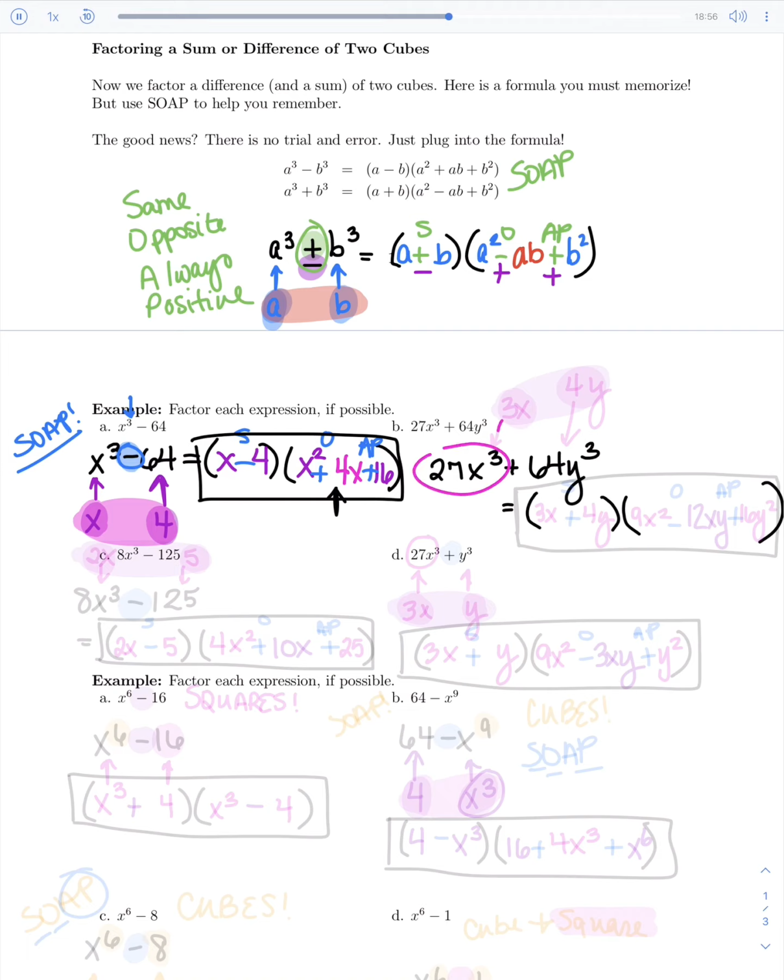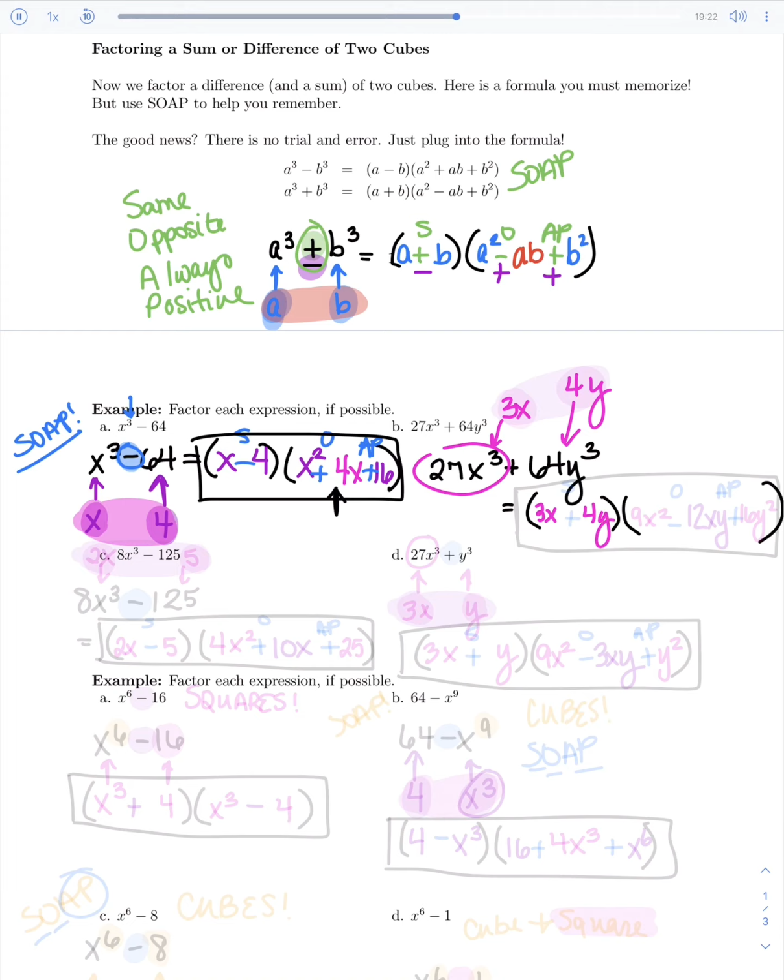We've got 27x cubed. Well, there's a 3 that's cubed to get the 27 and an x that's cubed. You've also got a 64 that is gotten by cubing 4, and the y is cubed, so we've got a y that's also been cubed. So our first pieces are just going to stay the same, the 3x and the 4y.